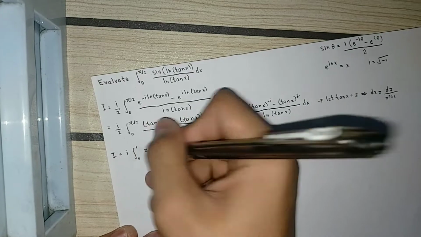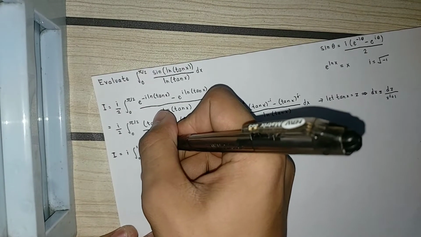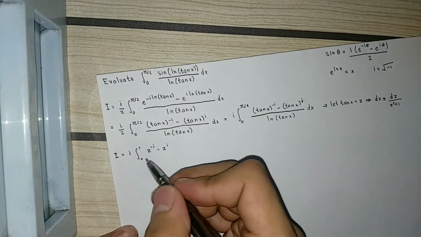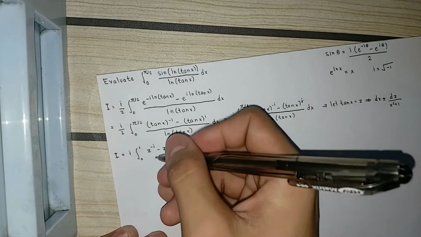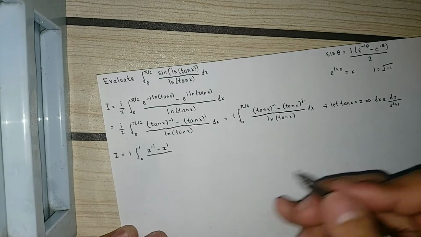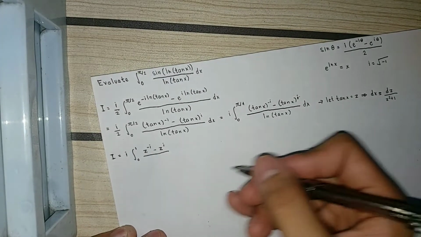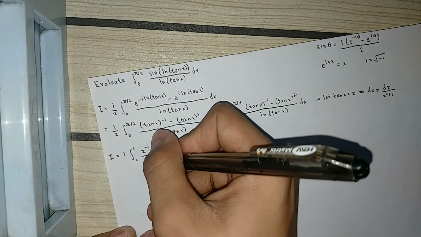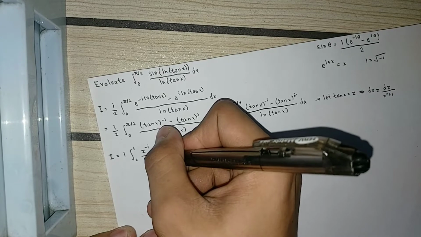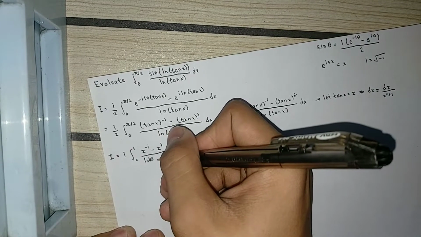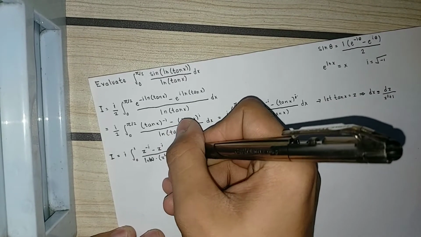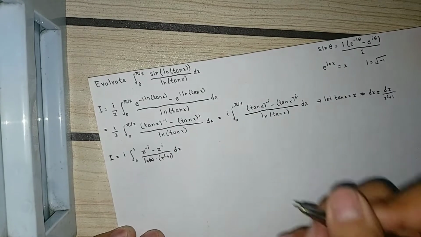So this is now equal to z raised to i minus z raised to i, sorry, this is negative, raised to negative i, and for the denominator, we have ln z times z squared plus 1 dz.